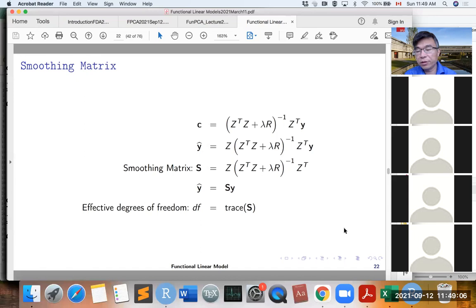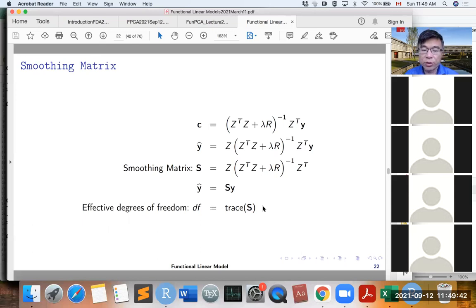So after we get this smoothing matrix, a nice thing is that we can define the effective degrees of freedom as the trace of this smoothing matrix S. Okay, so you can do some algebra that when lambda equals 0, then the trace of S is equal to capital J, the number of basis functions.